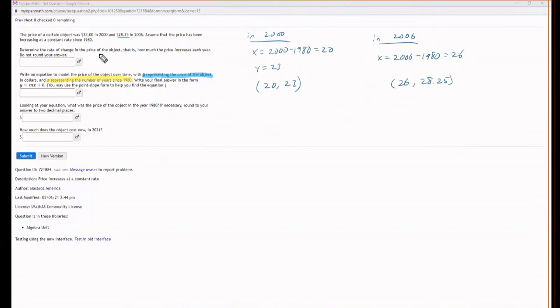Okay, determine the rate of change in price of the object. That is, how much the price increases per year. And that sounds a lot like slope, right? So we could think about this and just say, okay, what's the change in price over change in time? Or you can think about it as slope and think about, okay, change in y over change in x. Okay.